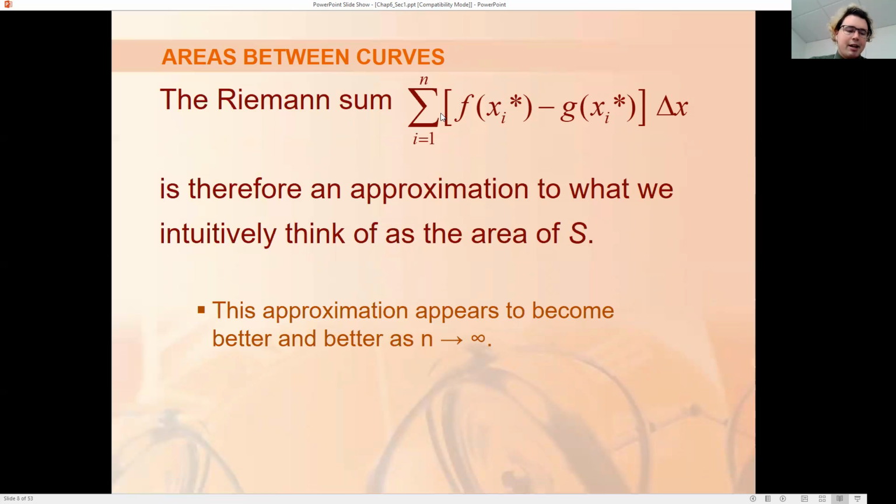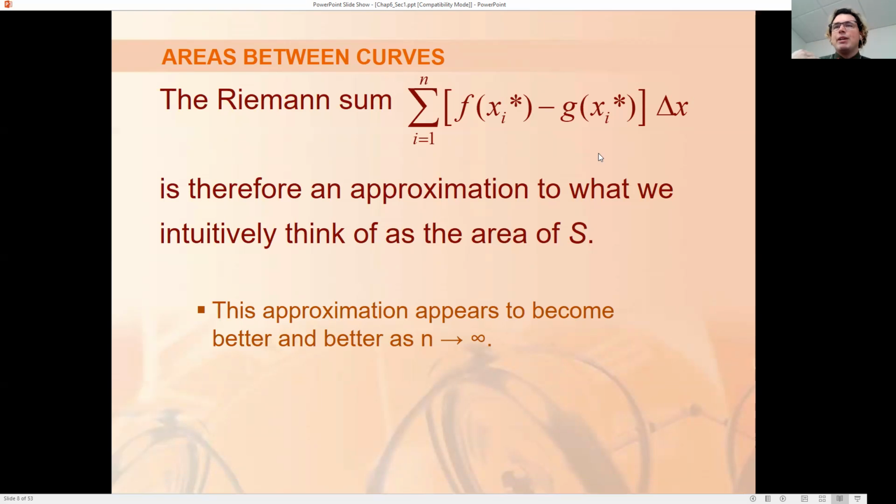Supposing there are n different rectangles, I need to add up n pieces of area. Each of them has the very same width, delta x, and the height of different rectangles is going to be modeled by f of xi star minus g of xi star.